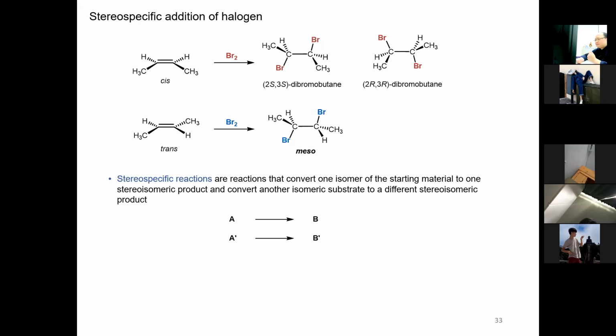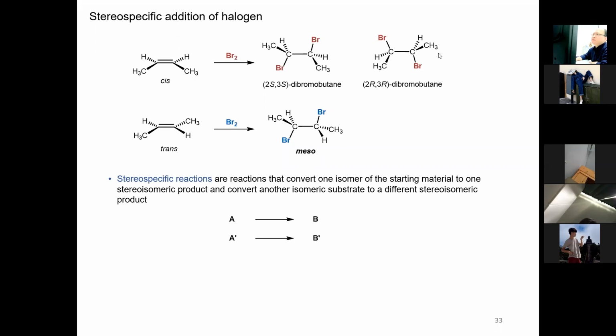To determine whether a reaction is stereospecific, you can't get it from one single reaction. The correct way is to look at 2 reactions whose starting materials are stereoisomers, for example, cis and trans. Then see the products of these 2 reactions.